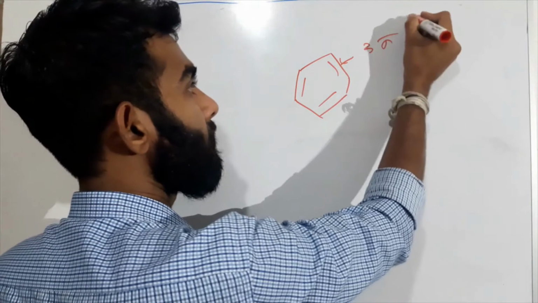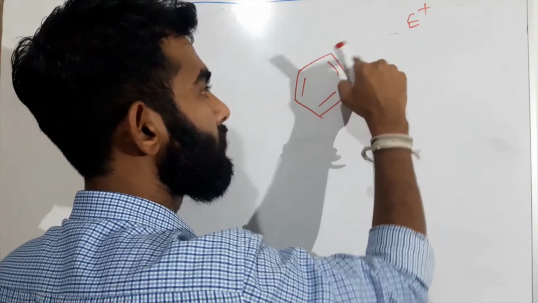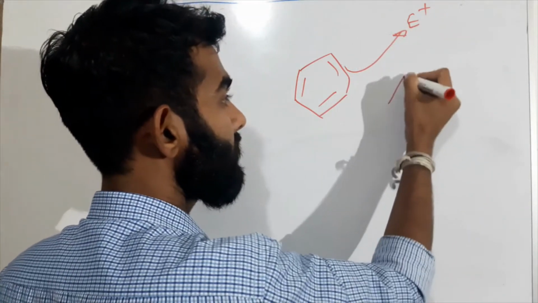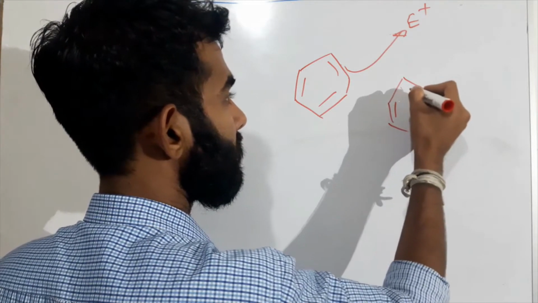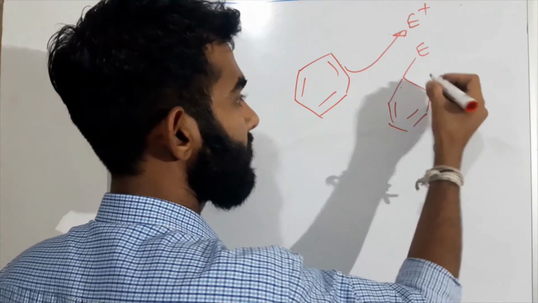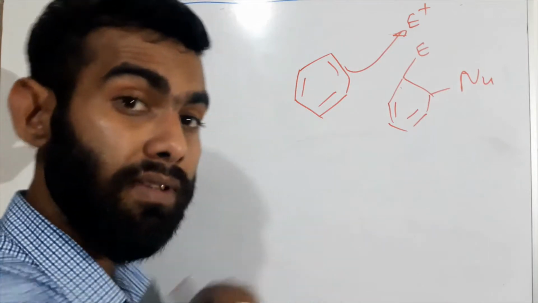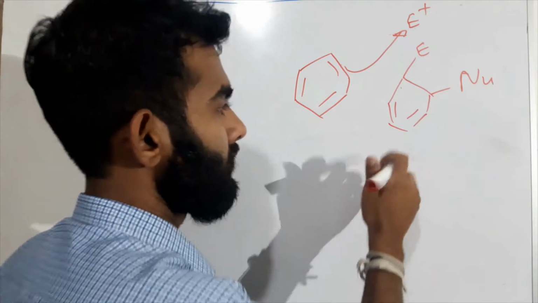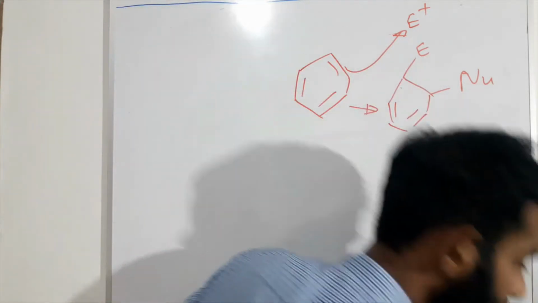So with electrophiles here, you may argue this will break towards this electrophile and it will form this type of thing with the nucleophile. As I discussed previously, please go backward and see that reaction. So you may predict that will happen, but I say no, benzene won't undergo that type of reaction.